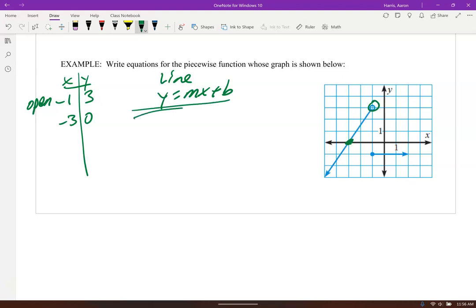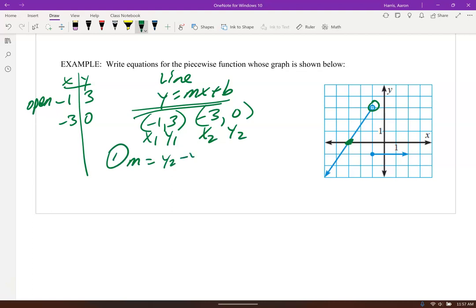Well, if I've got 2 points on this line, can I come up with it? Sure. Name it x1, y1. Name it x2, y2. Number 1, find the slope. So you've got 0 minus 3 over negative 3 minus the negative 1, y2 minus y1 over x2 minus x1.